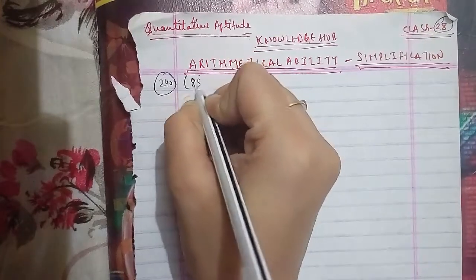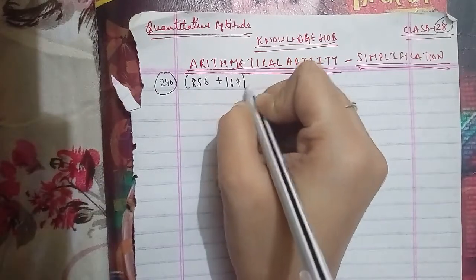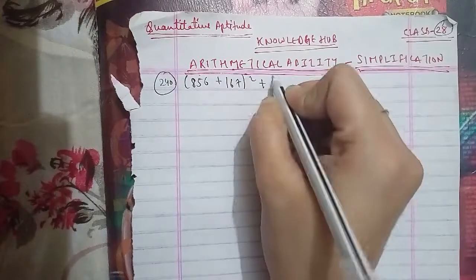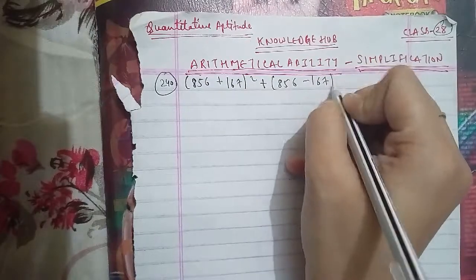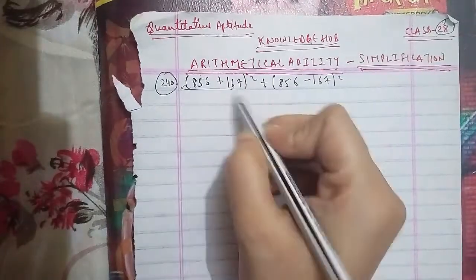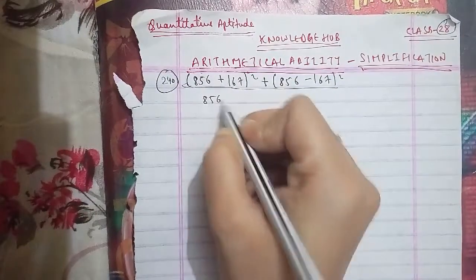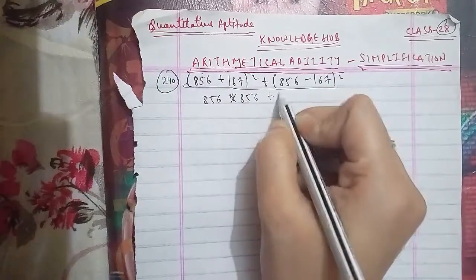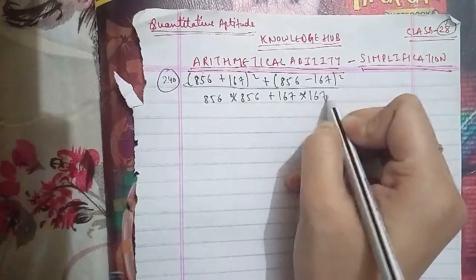(856 plus 167) square plus (856 minus 167) square whole upon 856 into 856 plus 167 into 167 equals the question mark here.